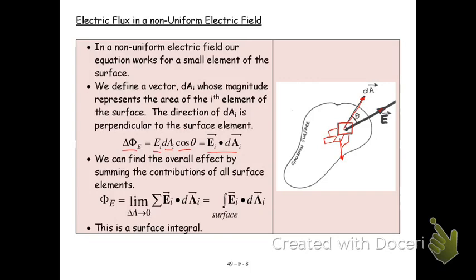And we say, well, then the net flux in or out would be given by the limit as my little bit of area goes to 0 of this summation of all the little cards with their electric fields and their little bits of area. And that becomes a surface integral of E dotted with dA, the area vector. That summarizes the whole thing. If you make these things small enough, you don't need to do a summation, you do an integration.